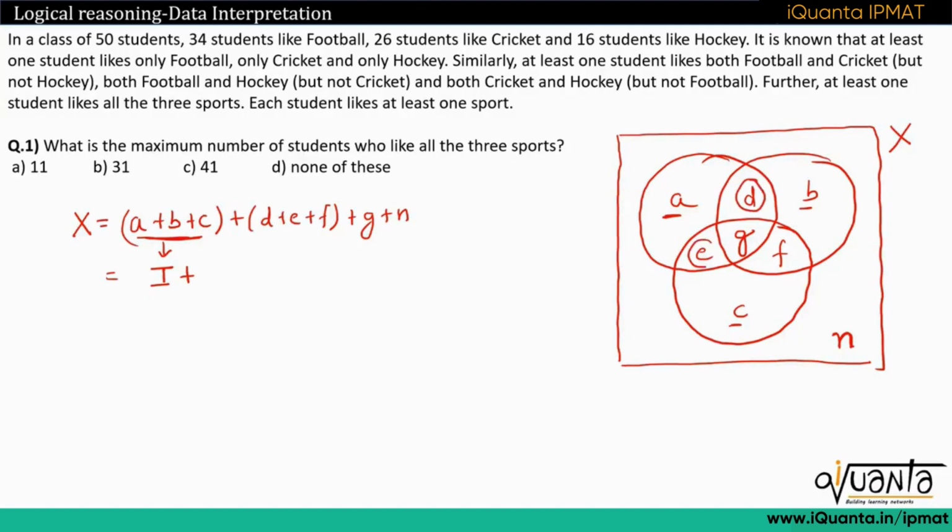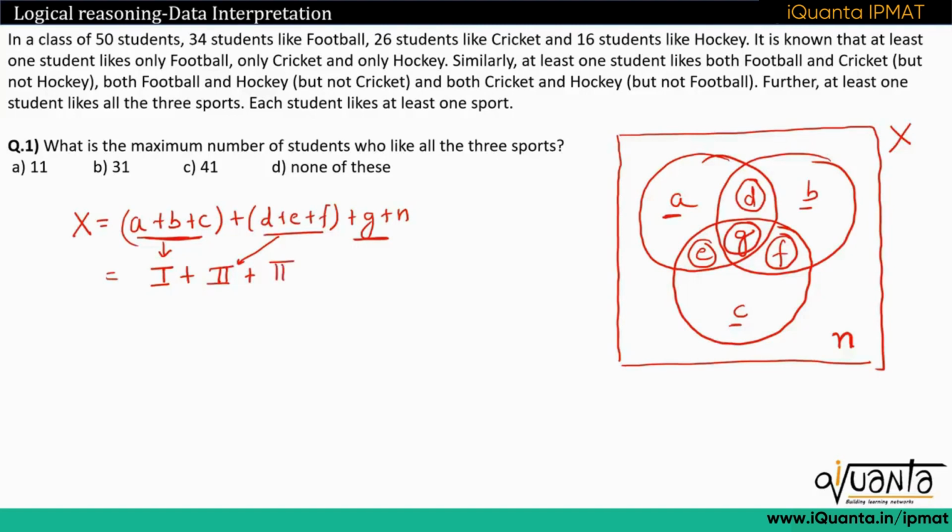D is over here, E is over here, F is over here. So D, E, F together, they are denoting the total region of people who are playing exactly two games. So this bracket D plus E plus F can be written as exactly 2 plus, what is this G over here? Let me write this G also. G is the region denoting people who are playing all three games.